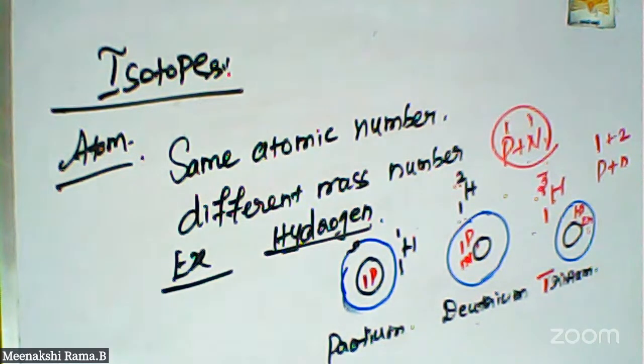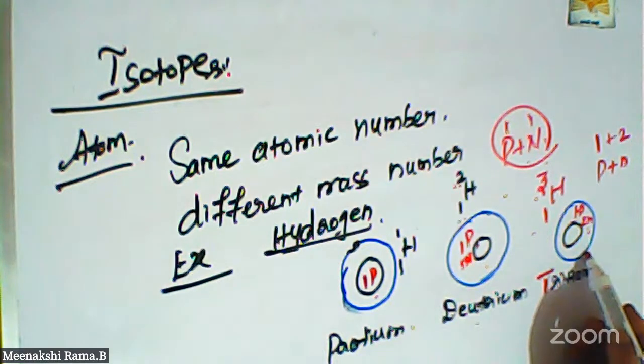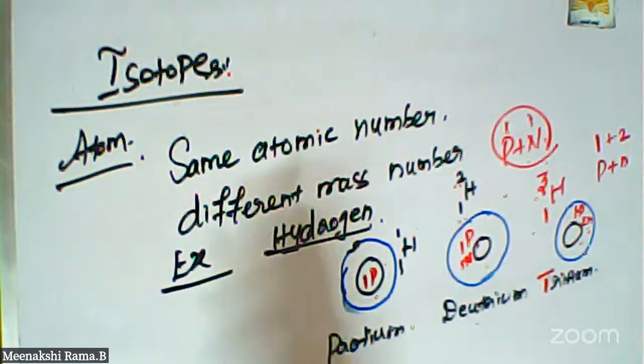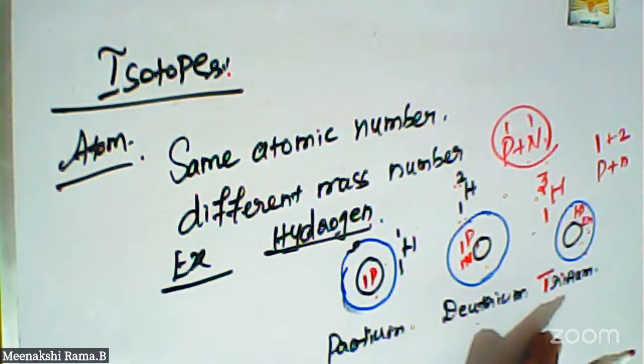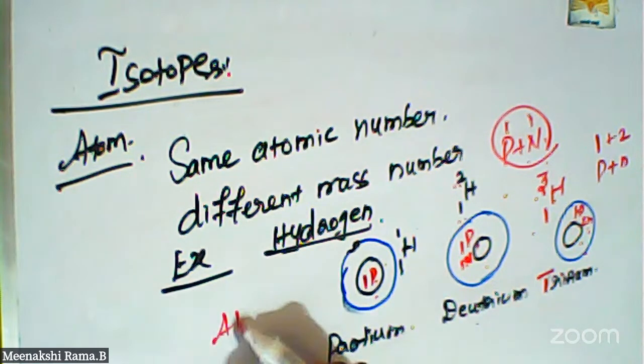So the proton number denotes the atomic number. In these three isotopes there is the same number of protons, with no change in this area. Students understand that the proton number alone denotes the atomic number.